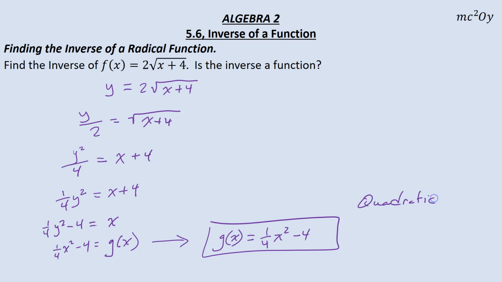Therefore, it is a function. All quadratics, unless there's a restriction on their domain, are parabolic, and that is a function. So the inverse is a function. You could test with the horizontal line test, or you can figure the inverse and then think through what type of graph it is.